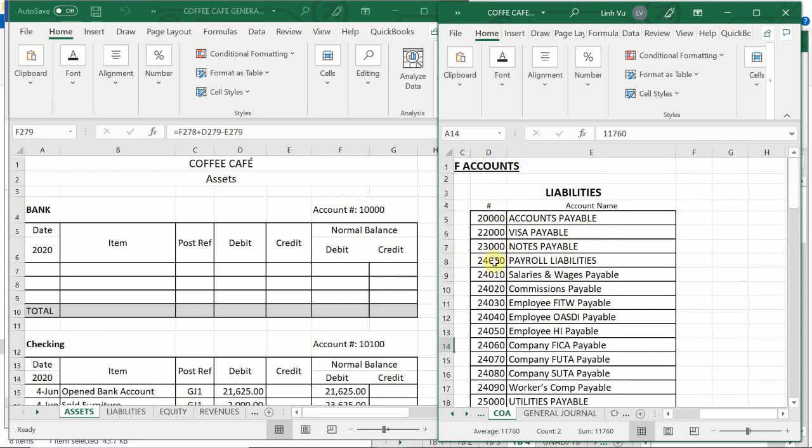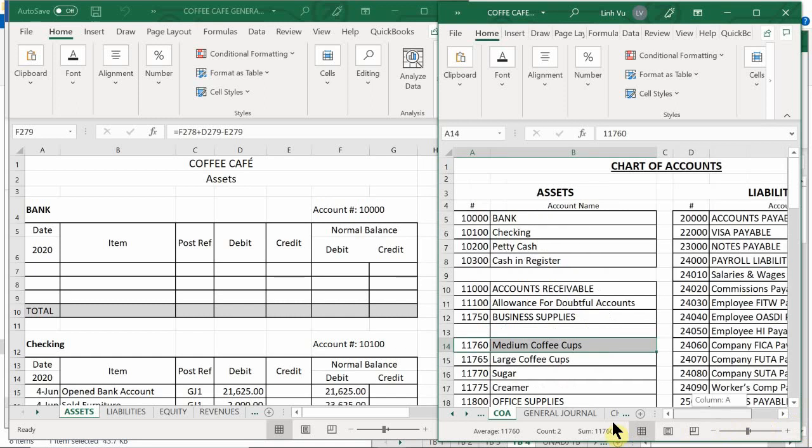So underneath the bank, you have checking and you have petty cash and you have cash on hand. That is all considered your bank. Same thing with business supplies: medium cups, large cups, sugar and creamer. Those are all going to be considered business supplies.